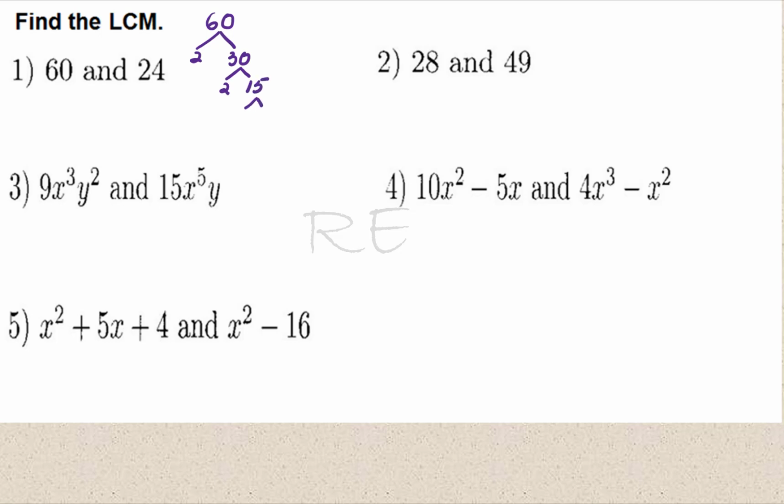For that purpose, we can use the good old factoring tree, and we'll find out that 60 is 2 times 2 times 3 times 5. Similarly, 24 will be 2 times 2 times 2 times 3. Basically 8 times 3.